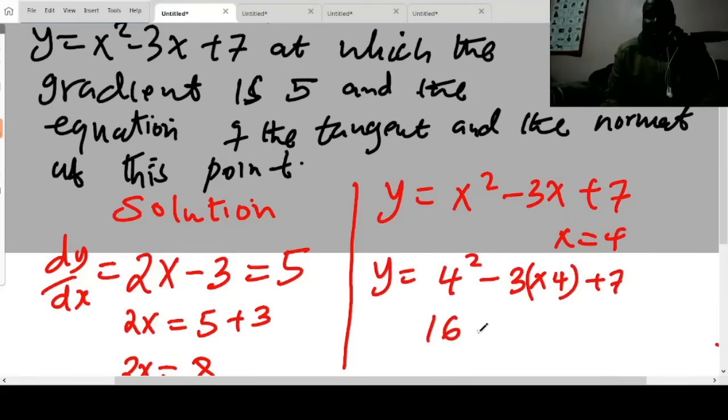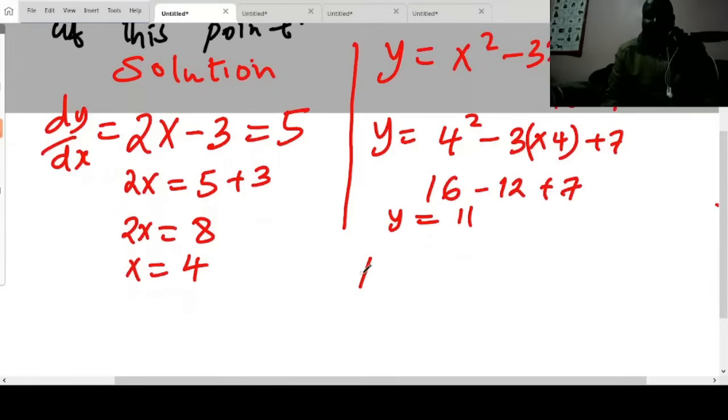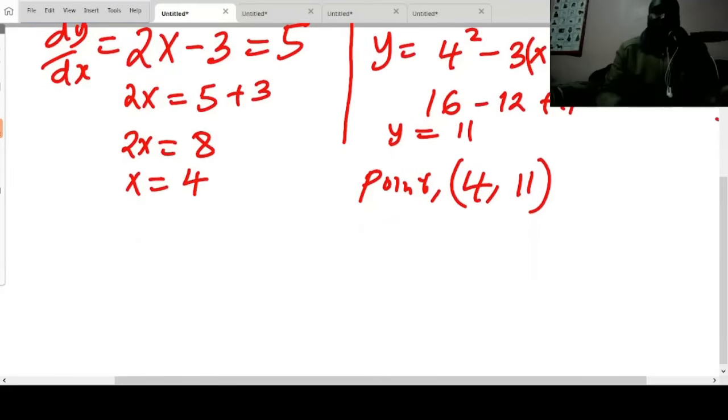So this is 16 minus 12 plus 7. We can press the calculator. This is 4, so y is equal to 11. So the point will be 4 the x and 11 the y. We have the point. Now we have the point and we have the gradient. So what is difficult to get the tangent? We are going to do that.